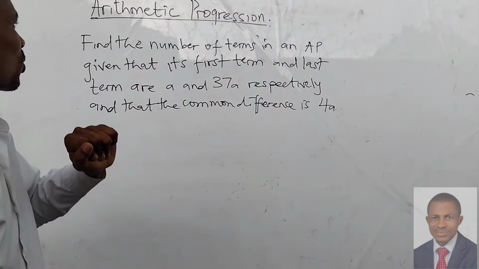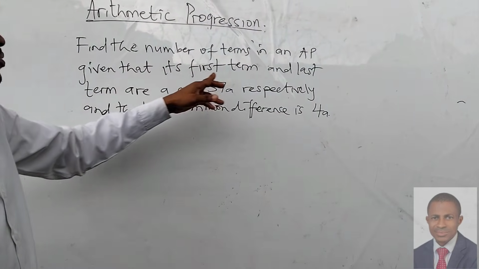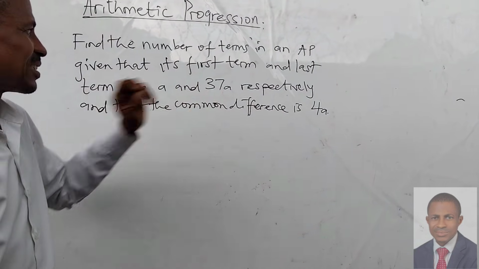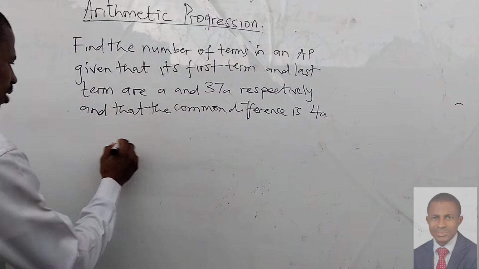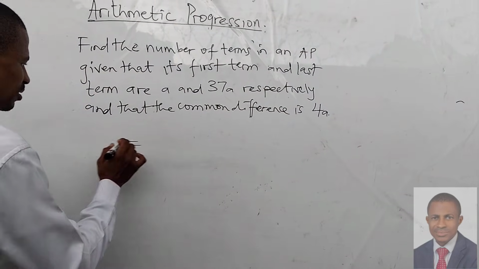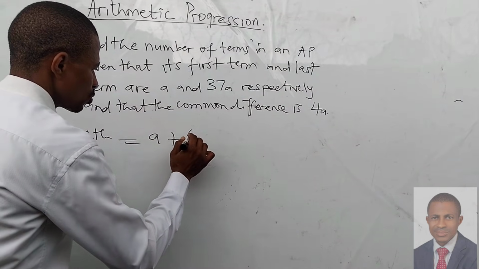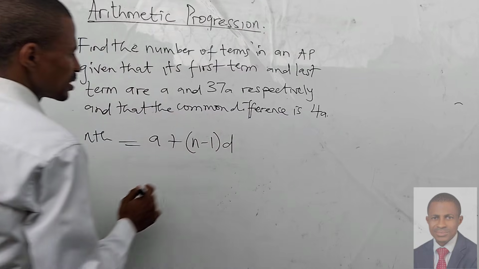Now let's look at this question. Find the number of terms in an AP, given that the first term and the last term are a and 37a respectively, and that the common difference is 4a. Our general formula for any term is a plus open bracket n minus 1 close bracket into d.